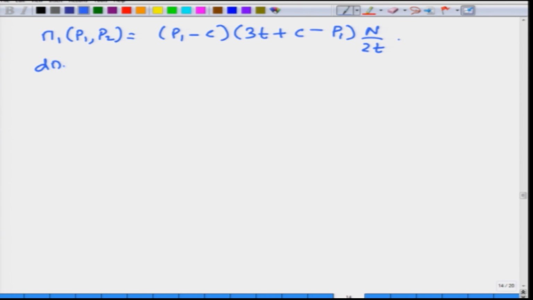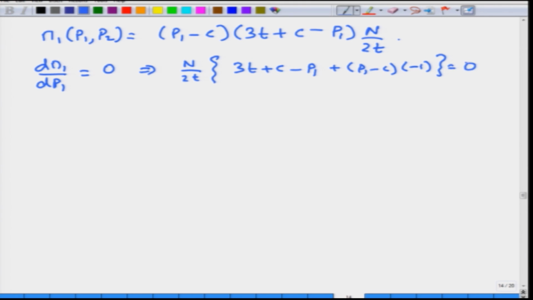Now, to solve for firm 1's best price P1, we take d pi 1 dP1 and set it equal to 0, which essentially means we have n divided by 2T times (3T plus C minus P1) times 1 plus (P1 minus C) times minus 1, which is equal to 0.